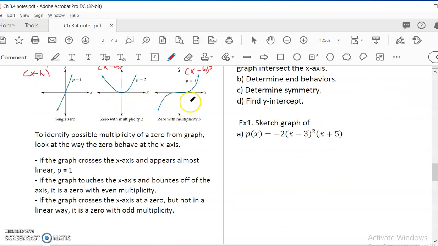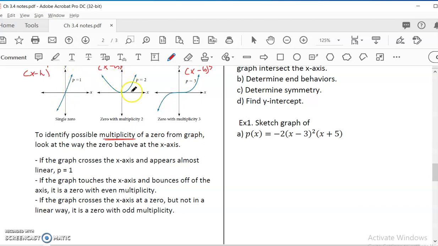So this power that we talked about, associated with a factor or with a 0, is called multiplicity. We don't call it power anymore, we call it multiplicity: how many times this 0 shows up? If the multiplicity is 1, it crosses the x-axis at that particular number like a line.